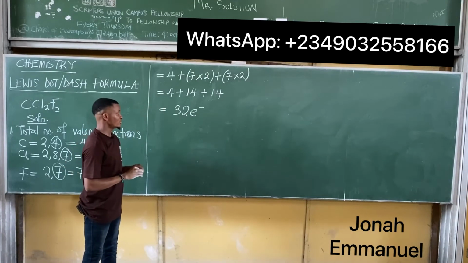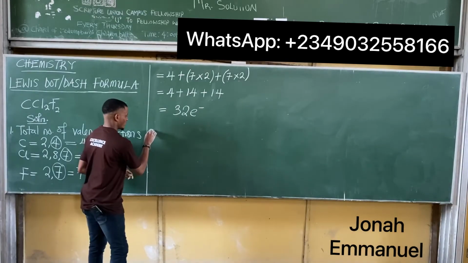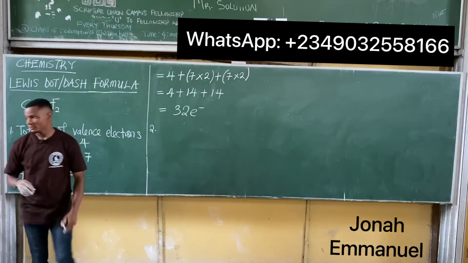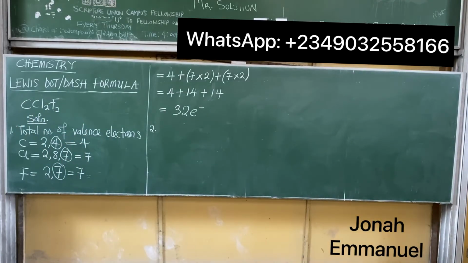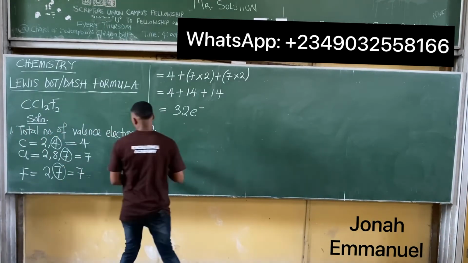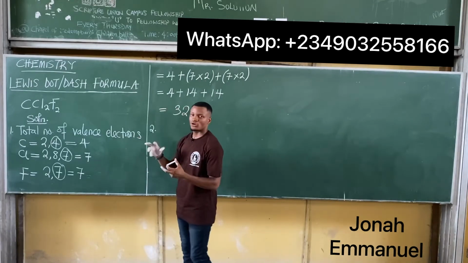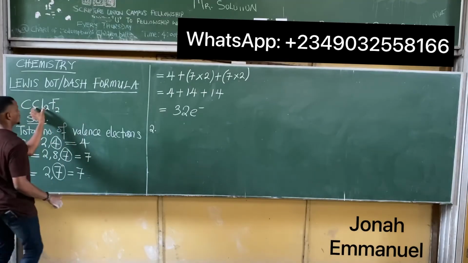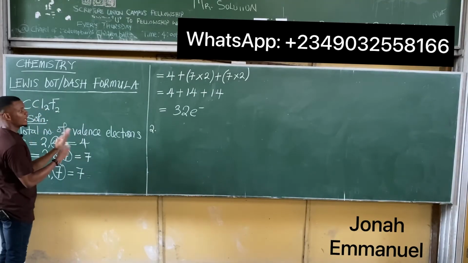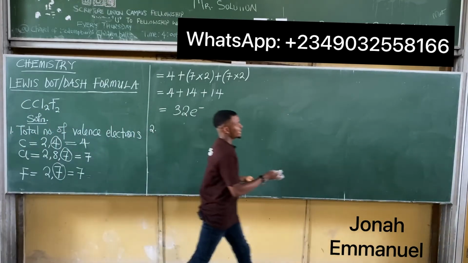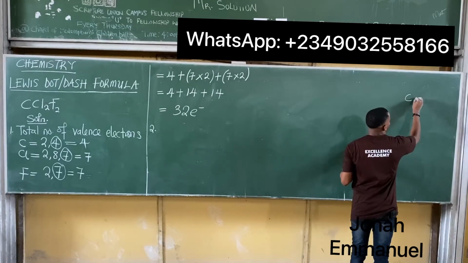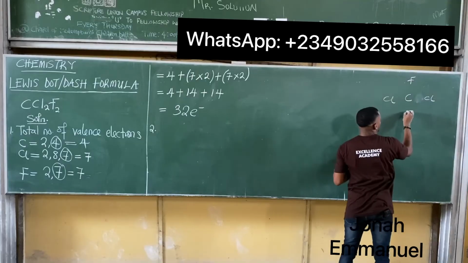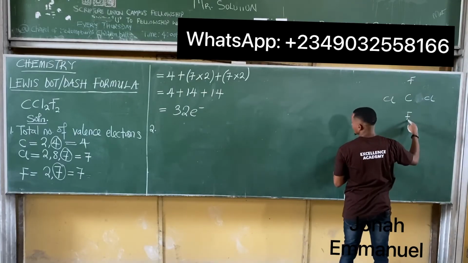Next up, number 2, write the skeletal structure. Before you draw your structure, you make an inference. We have 2 chlorine, 2 fluorine, and 1 carbon. So how do you want to draw your structure? You can draw carbon at the center, with chlorine here and fluorine, fluorine.